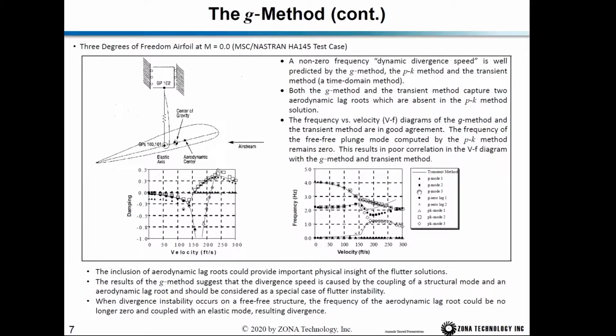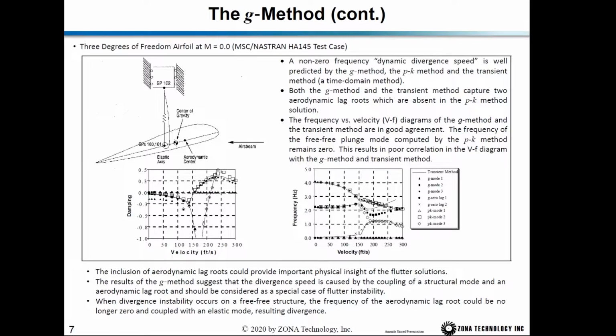Because you have a rigid body mode, at 0 speed the frequency is 0. But as the speed increases, this frequency line could take off from the 0 frequency line and couple with the elastic plunge mode, and that forms a divergence instability.